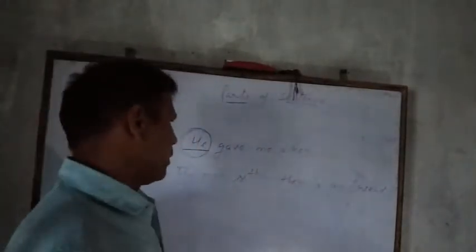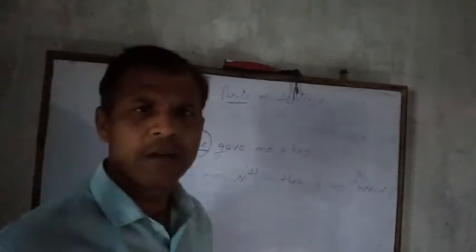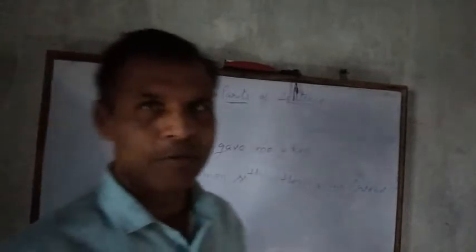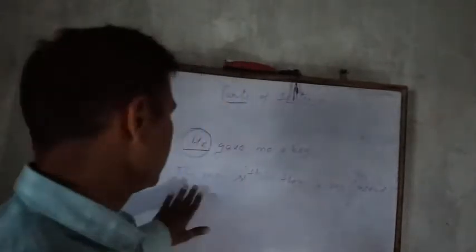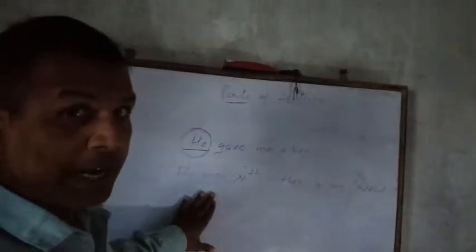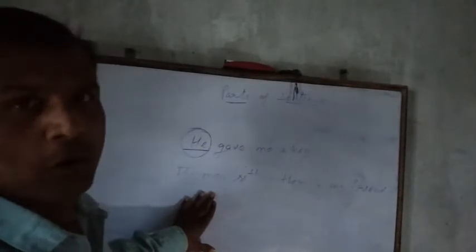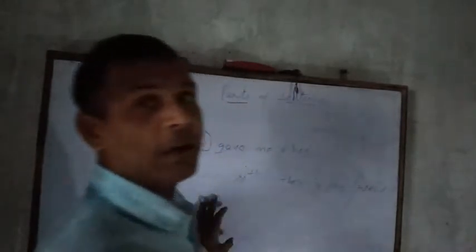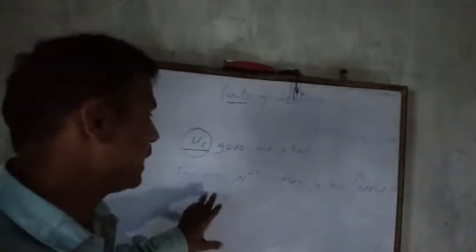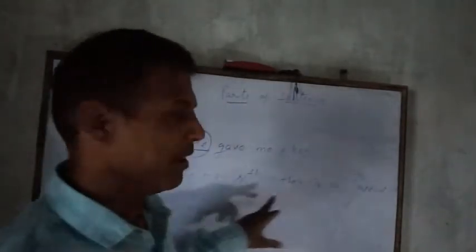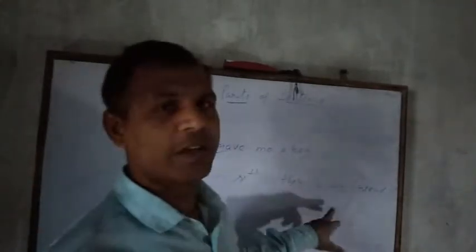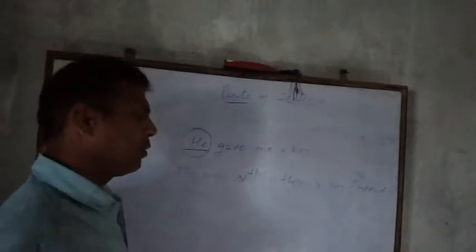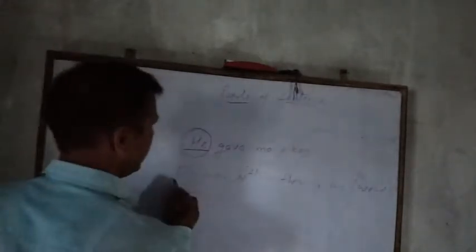Now, whom are we discussing? We are discussing here about the man. But that man has some other qualifying things, and that is sitting there. So we are talking about the man sitting there.